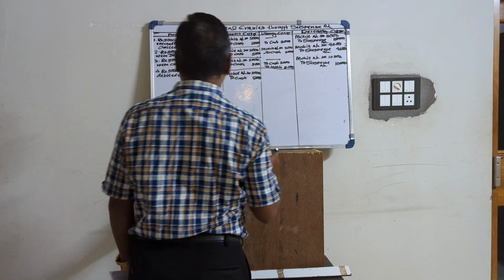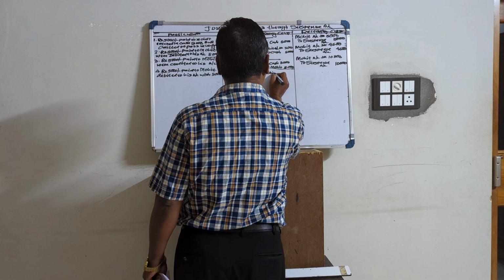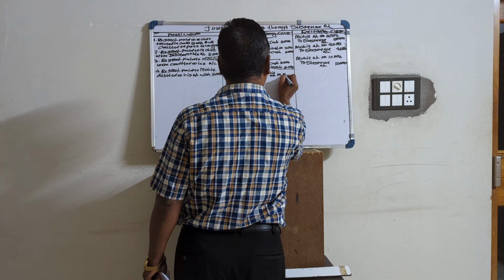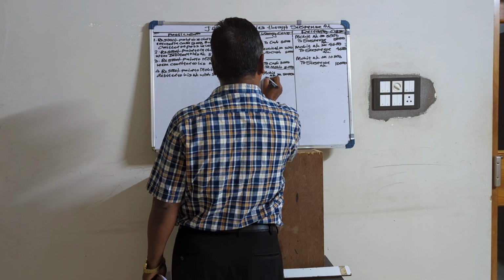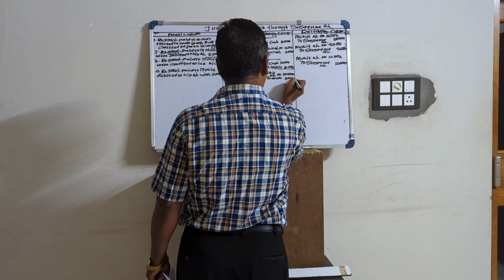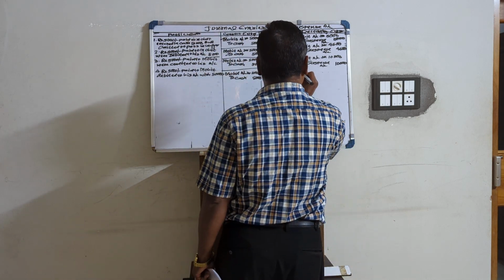But while debiting Mohit's account, instead of 5,000, the accountant has debited 50,000. Mohit account debited 50,000, but cash is correctly credited 5,000. So Mohit's account will be reversed for 45,000. So suspense will be debited.